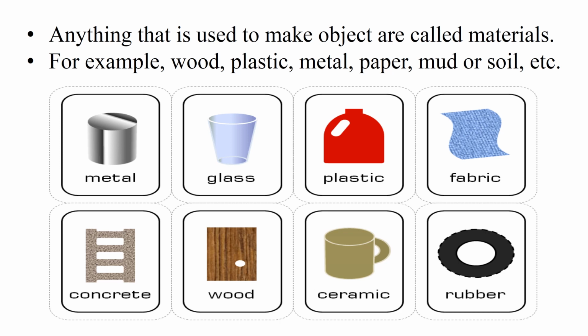And what are materials? Anything that is used to make an object is called a material. A material is a thing such as wood, glass, plastic, cotton, metal, mud, paper, ceramic, rubber, etc., from which objects can be formed.